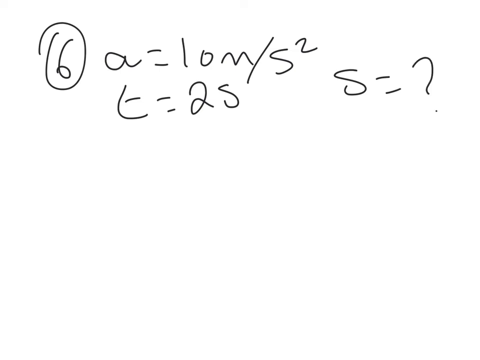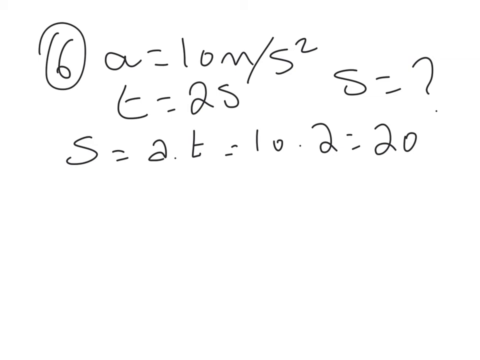Again, which formula are we using? Speed is equal to acceleration times time. A times t, which is equal to 10 times 2, which is equal to 20. What's the unit? Meters per second.